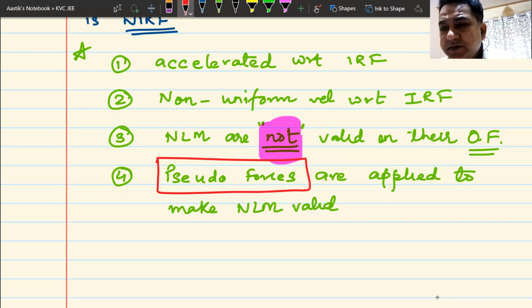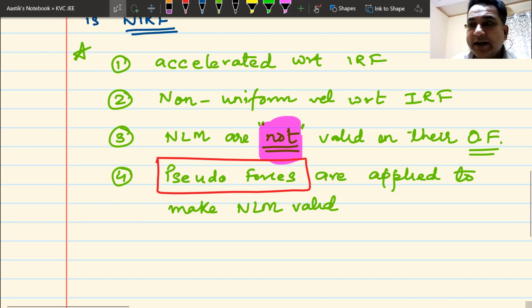Now the question comes, what are these pseudo forces and why do I need to apply them? Anyone would like to share his thoughts? What are these pseudo forces? Have you heard the term pseudo forces before? Can you throw some light on it?